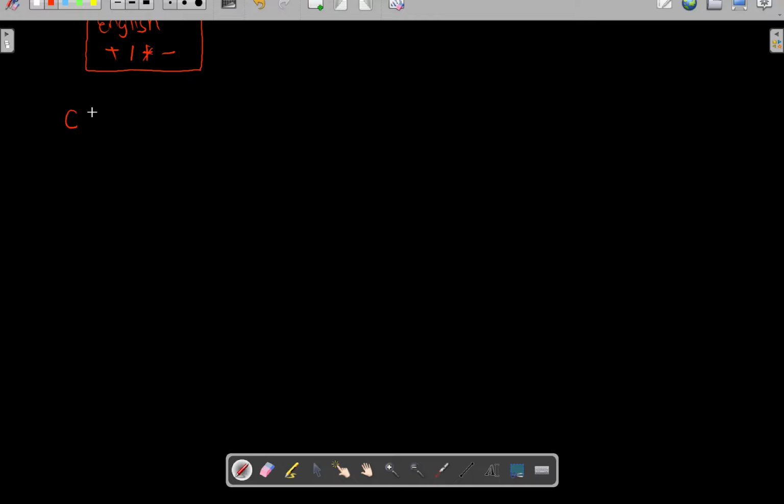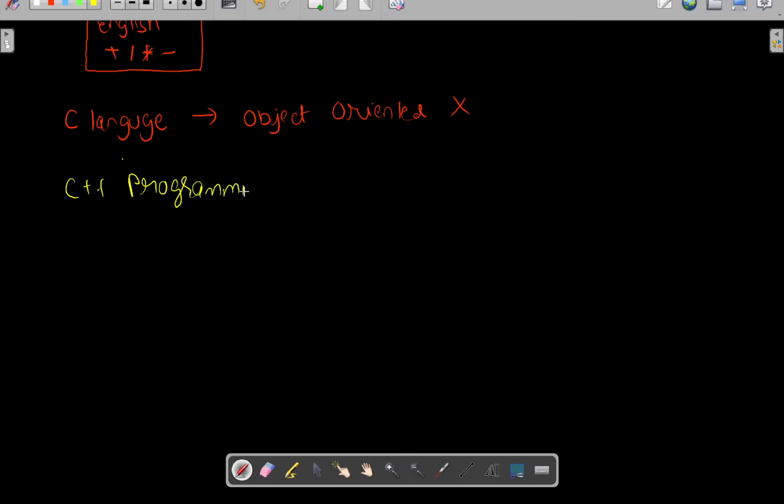In C language, we are not allowed to write the code in object oriented. Object oriented was not there. But in case of C++ programming, we can use the object oriented.